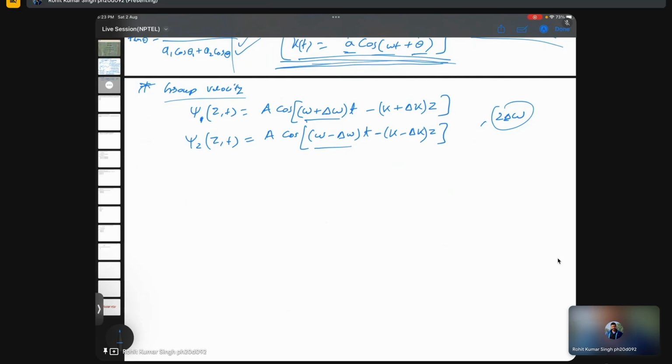So as I showed earlier, superposing means you just add them up, psi 1 plus psi 2. Okay, so adding them, let me write it.